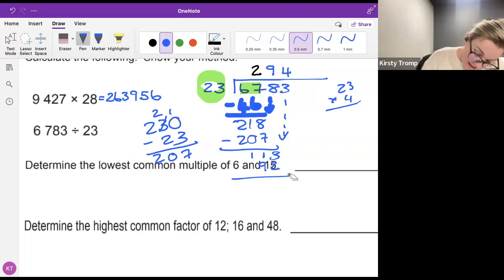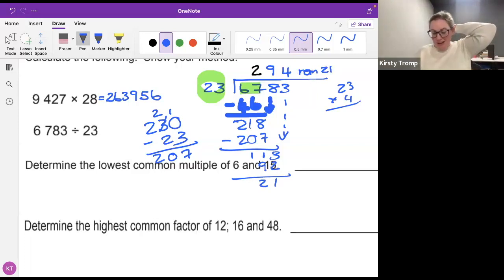And when I subtract that out, I'm left with 21. So I get 294, remainder 21.